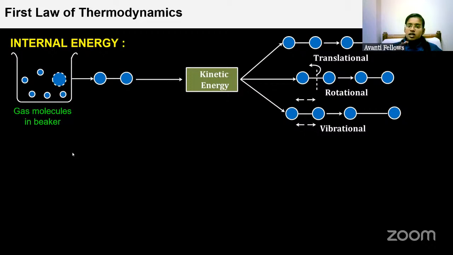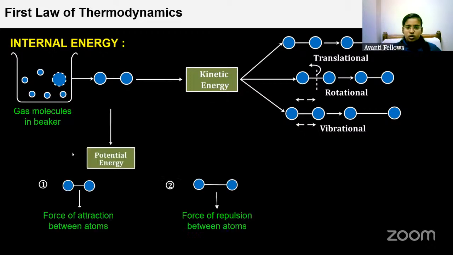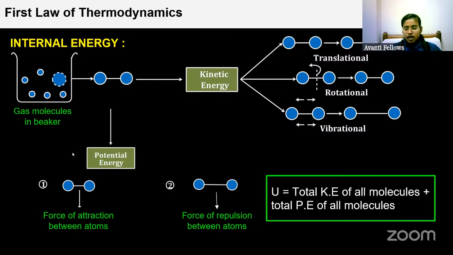Including this kinetic energy, potential energy is also there for one molecule. What is potential energy? The energy which is already present inside the molecule due to force of attraction and also due to force of repulsion. Now if I add kinetic energy and potential energy, I will get one value, and that value is called the internal energy of the system.